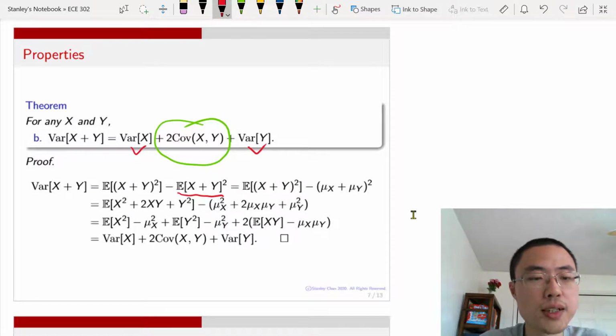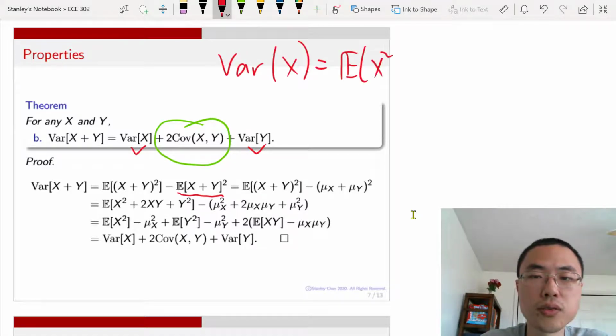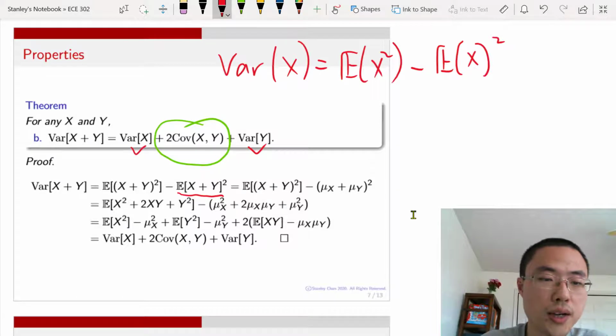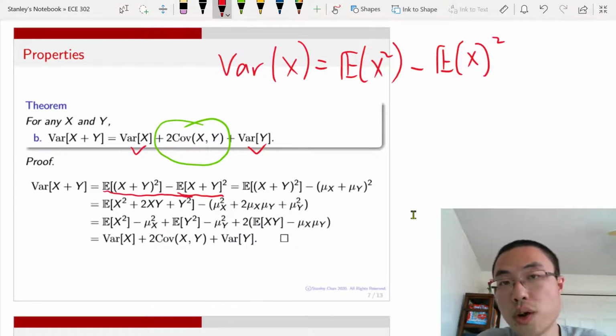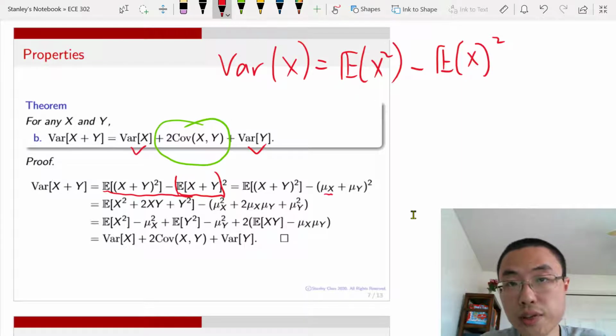Well, this is because if you recall, the variance of any random variable x is the expectation of x squared minus expectation of x, where the square is outside. So that's the reason why you have the first line of the equation. Then you plug the number in, which is an expectation of x plus y, so here the square is outside the bracket.